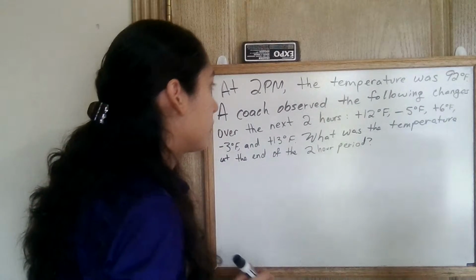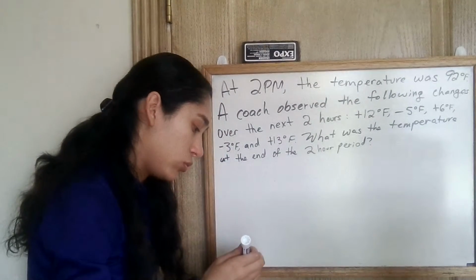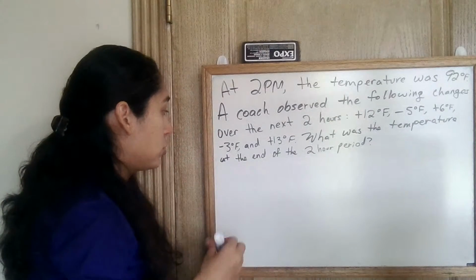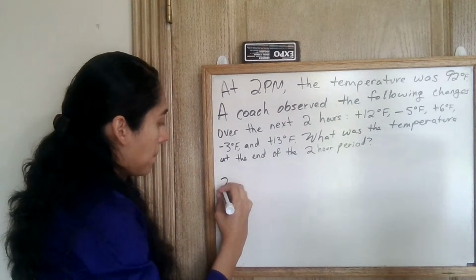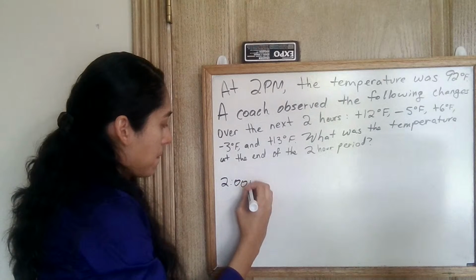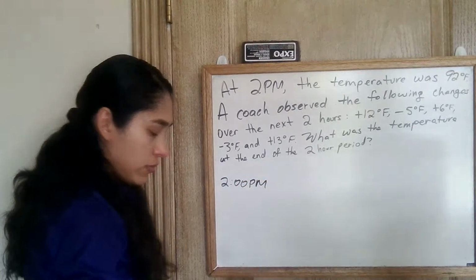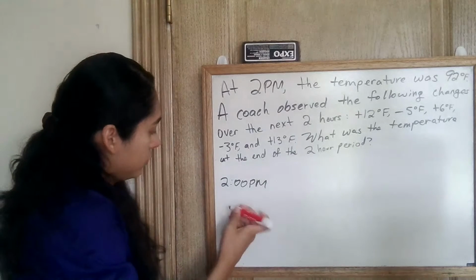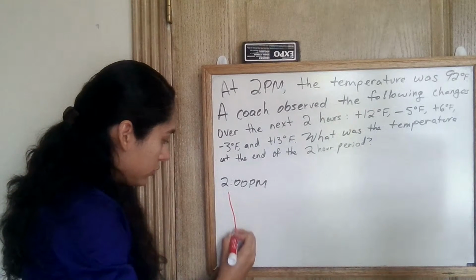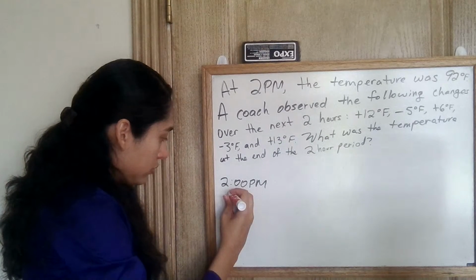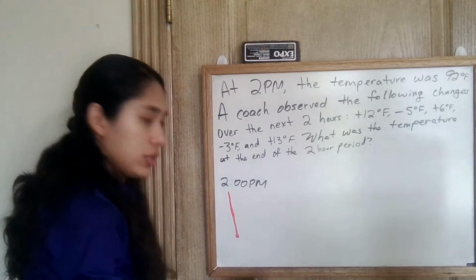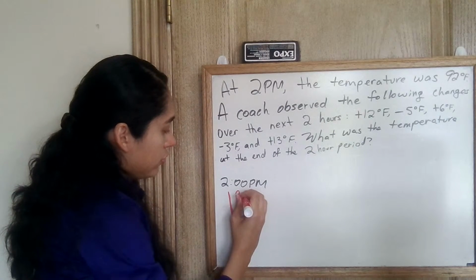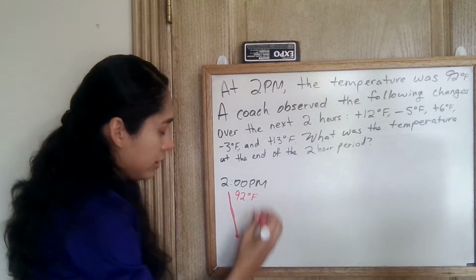Okay. So we know that at 2 p.m. that's supposed to look like a thermometer, is 92 degrees Fahrenheit.